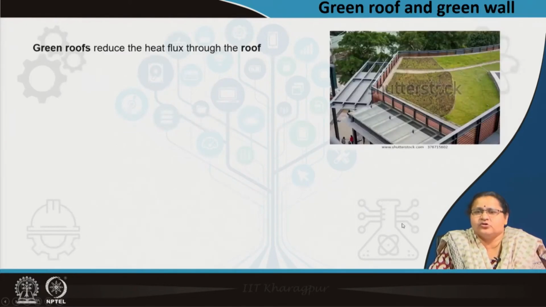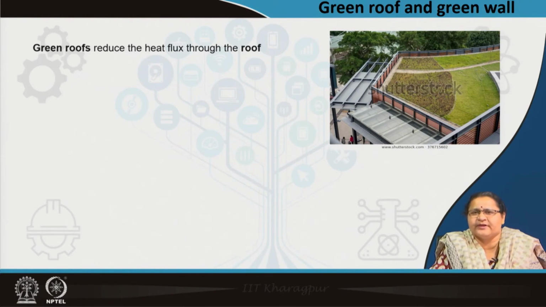Now, let us also discuss green roof and green wall. Is it really giving you an insulation? So, when it is a green roof, yes, it reduces the heat flux through the roof, but it has multiple layers of different things so that water does not enter or there is no leakage. There should be drainage, there should be soil, there should be a layer for the roots, how the roots of the plants will grow.